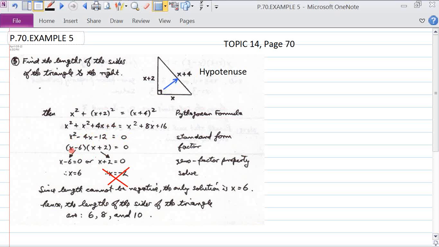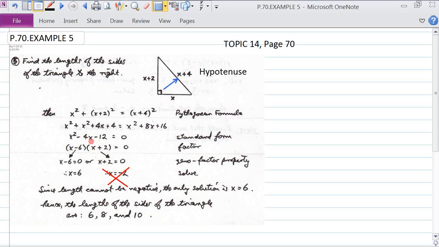I can factor this. The x times the x gives me x squared. The minus 6 times plus 2 gives me the minus 12. And minus 6x inner term plus 2x outer term gives me minus 4x as my middle term.